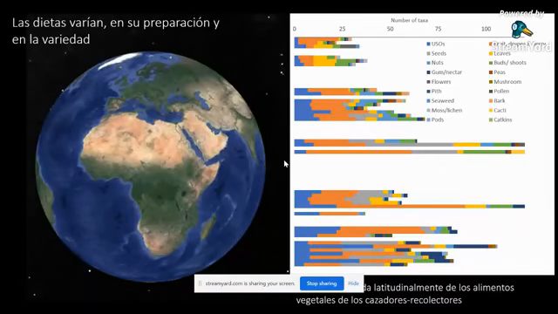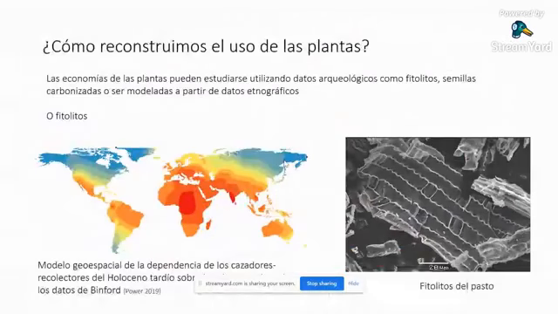So that raises the question: how do we study diet, and what can we do to overcome this research bias that has plagued the field for so long?